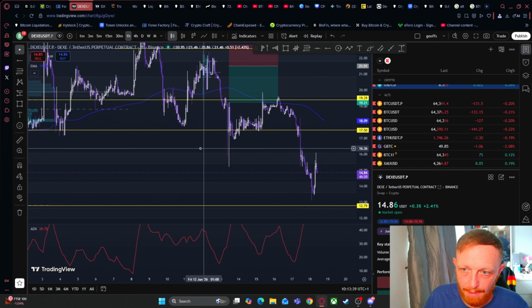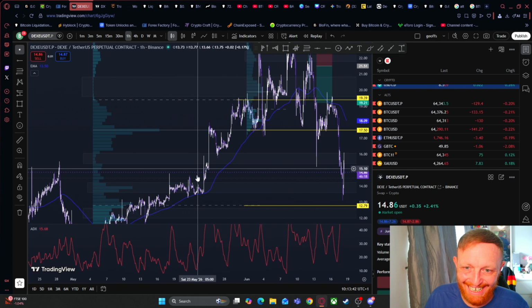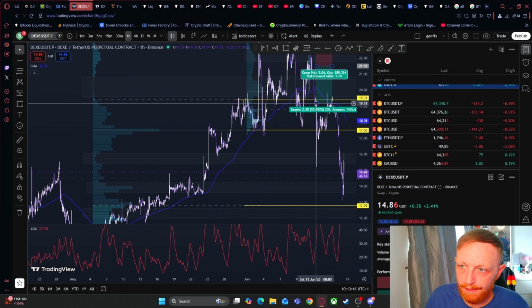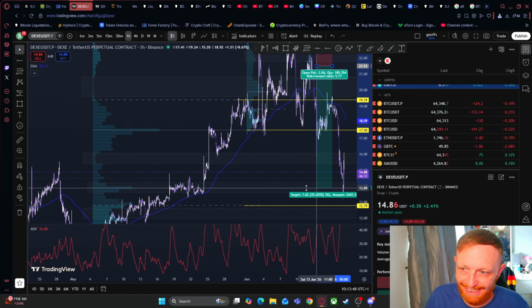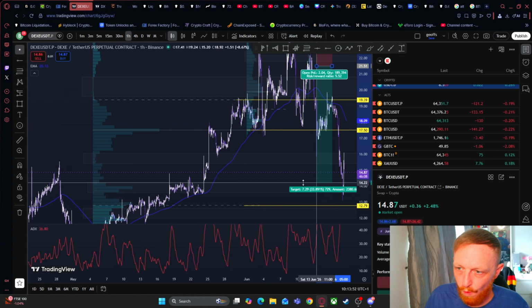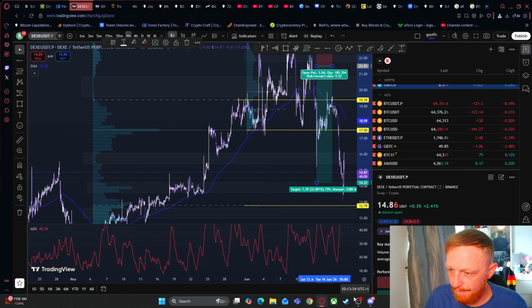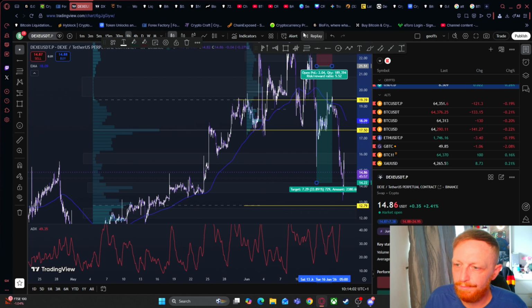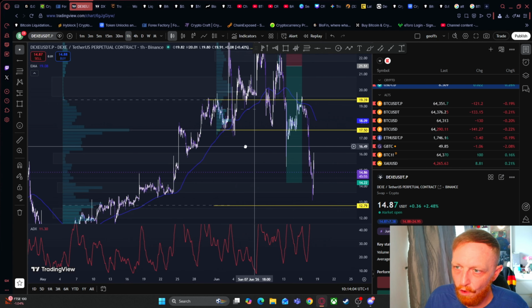And I can aim technically for the high volume node down into here, 14.20. I think that was the main target. 14.169, so around 14.2. So that was my main target, 14.2.